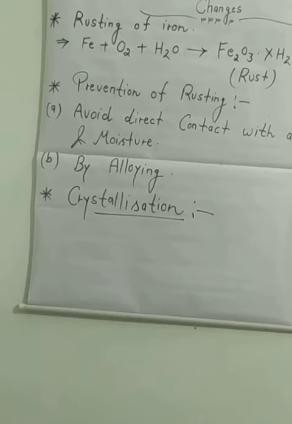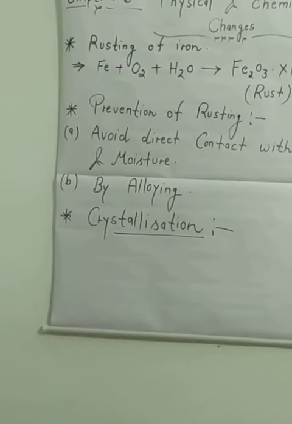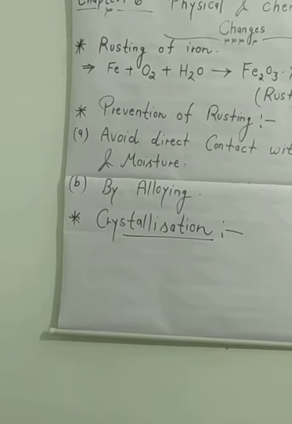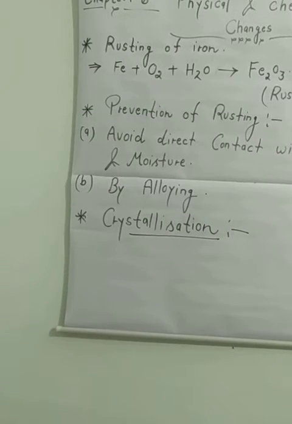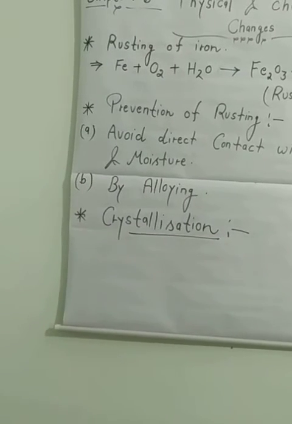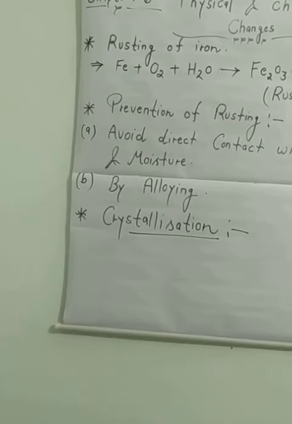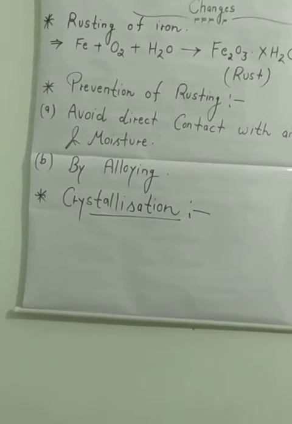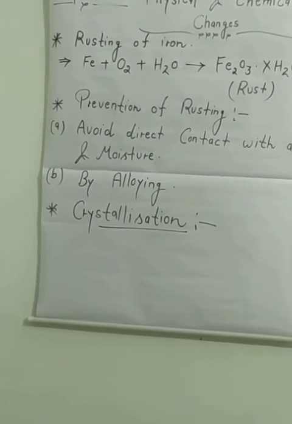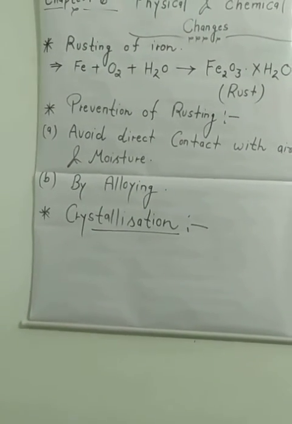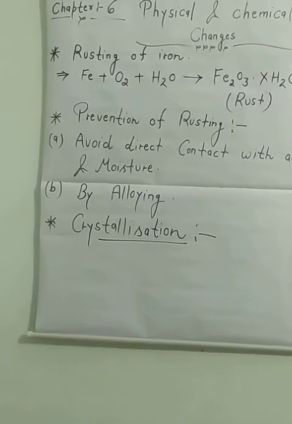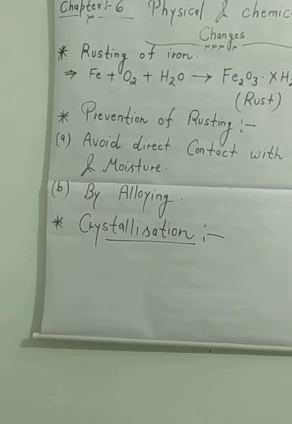For example, if you put sugar crystals and salt crystals together, you can't differentiate them by their shape and size, because both are very similar. So for the separation of both, the crystallization technique comes in front of us.